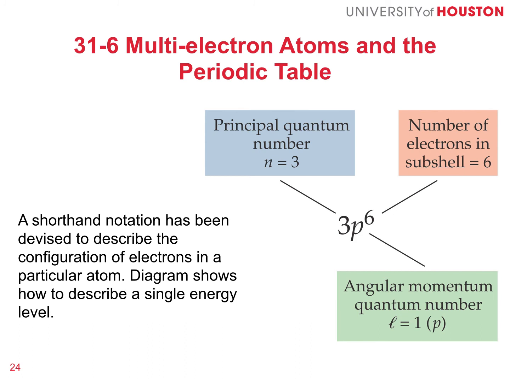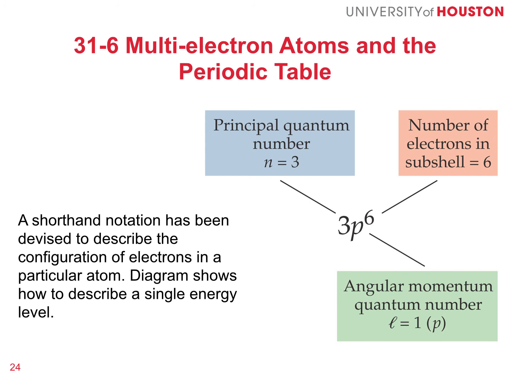The 3 is the principal quantum number, the p is the angular momentum quantum number, which corresponds to L equals 1, and the 6 is the number of electrons that can exist with an n equals 3 and a L equals 1.